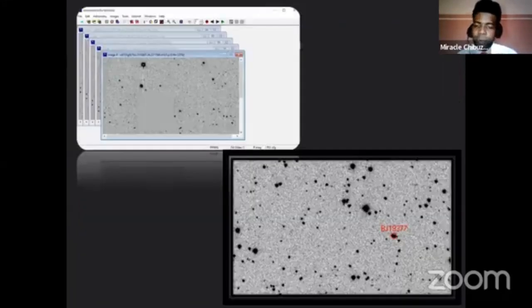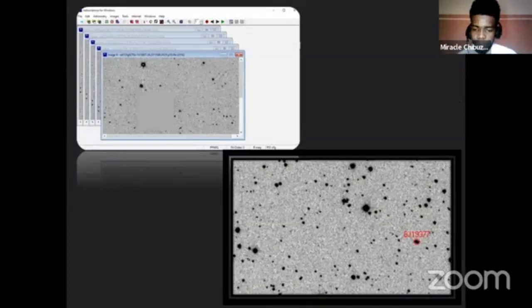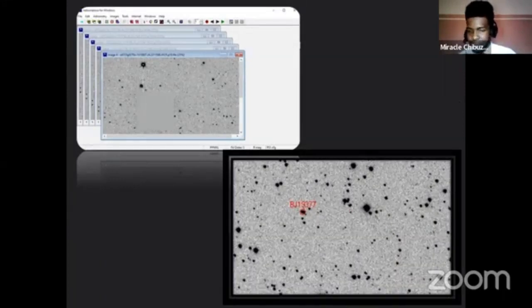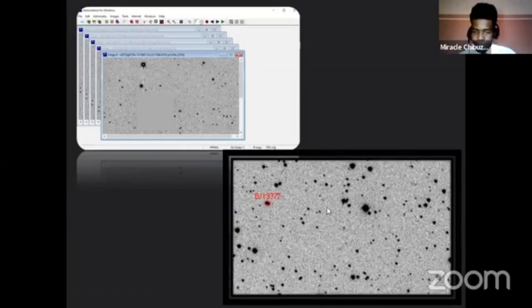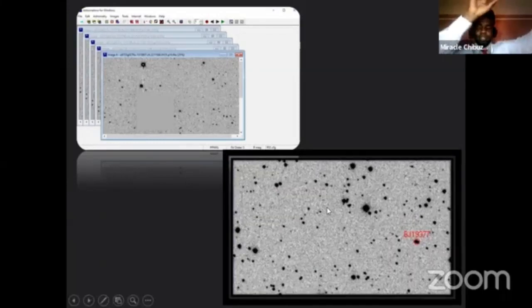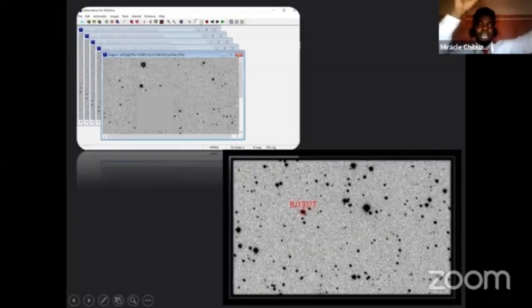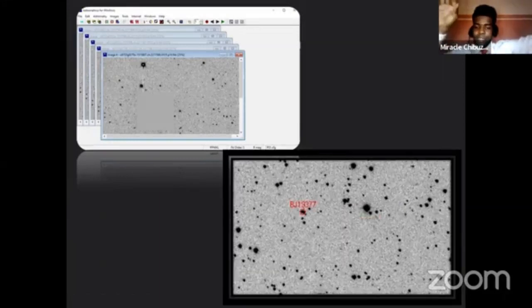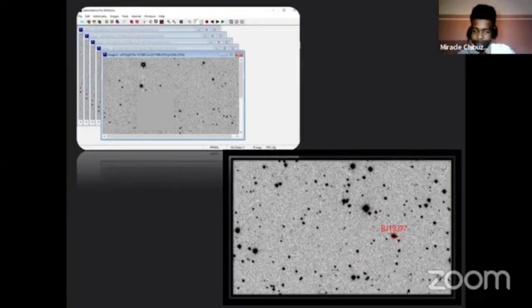And here is the software we use for the research. We call it Astrometrica. And here is how it works. We take images at different time intervals, 45 minutes apart, four times.